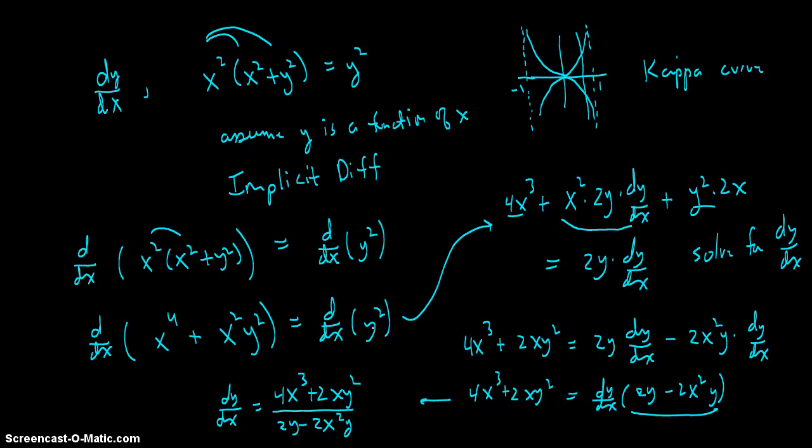But at any rate, if you do choose to factor out a 2 and cancel it, then on the numerator you'll have 2x cubed plus xy squared, and then in the denominator you'll have y minus 2x squared y. So that's the final answer. 2x cubed plus xy squared, that quantity over the quantity y minus 2x squared y.